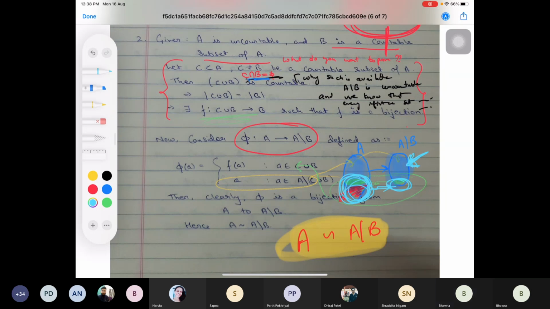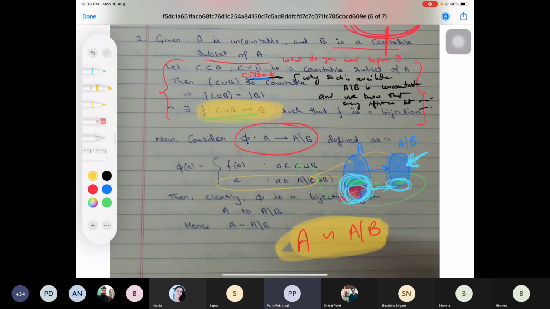I am saying that there is a bijection from C union B to C. I made a lot of errors.